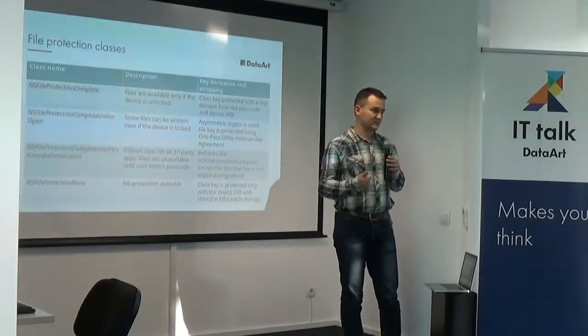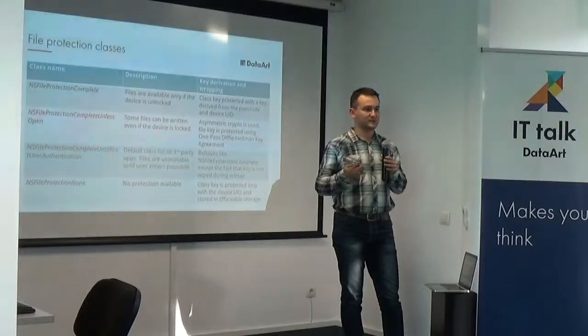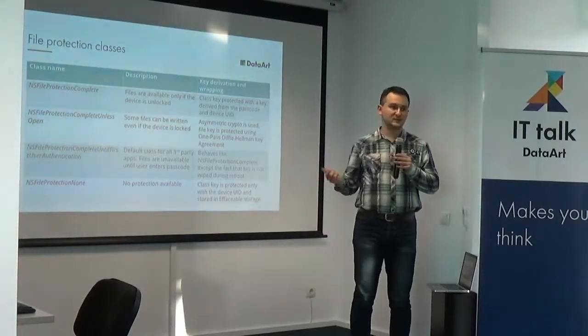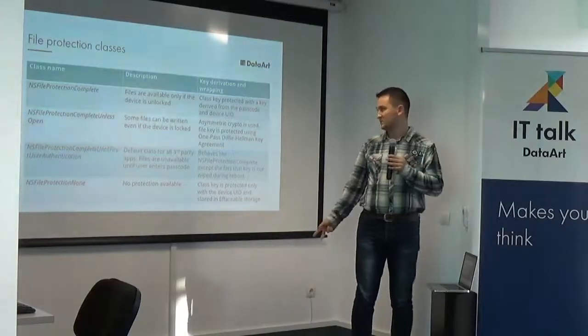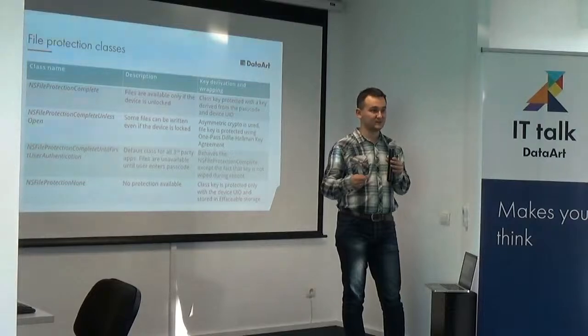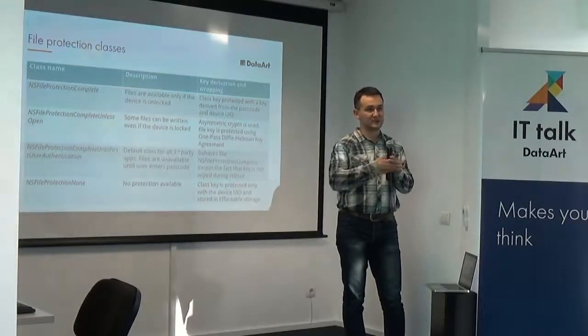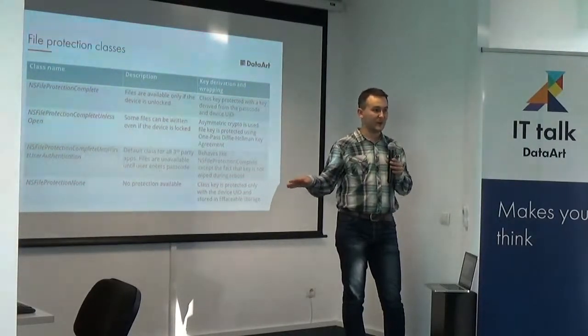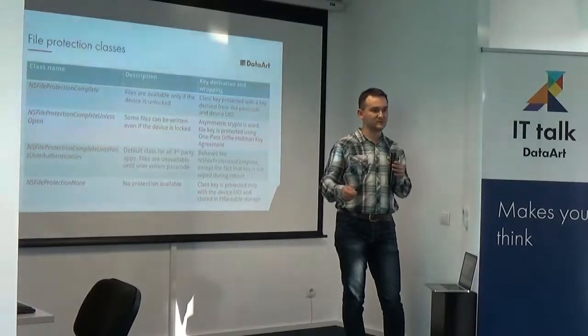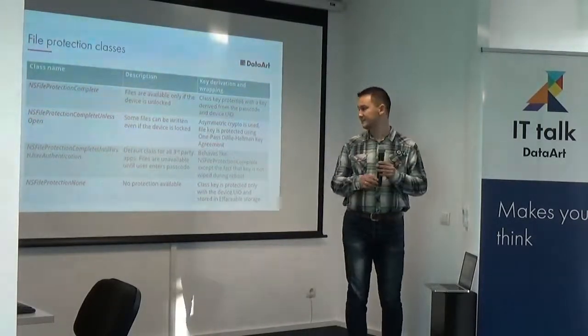This is the most secure way of storing some confidential information. The class key is protected with a key which is derived from the passcode and the device's unique ID. It means once you've locked the device, this passcode-derived key is wiped off from the memory and you're not able to access these files anymore. Once you've unlocked the device, you're able to access these files.